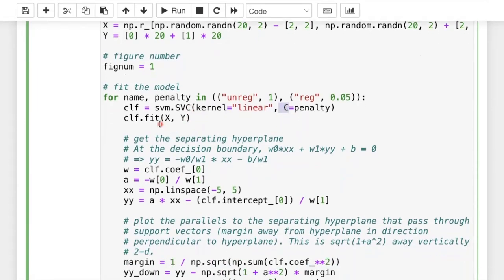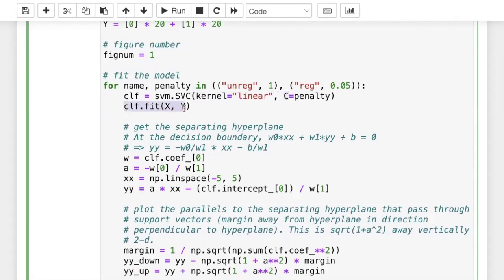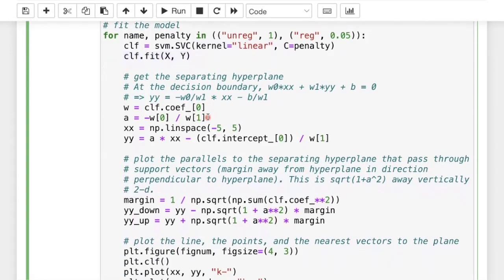Very similar to other machine learning methods in sklearn, we use clf.fit, and we provide the training data in the form of input-output pairs. So how can we find the decision boundary? Since now we know the mathematical foundations of support vector machines, we can solve this problem.